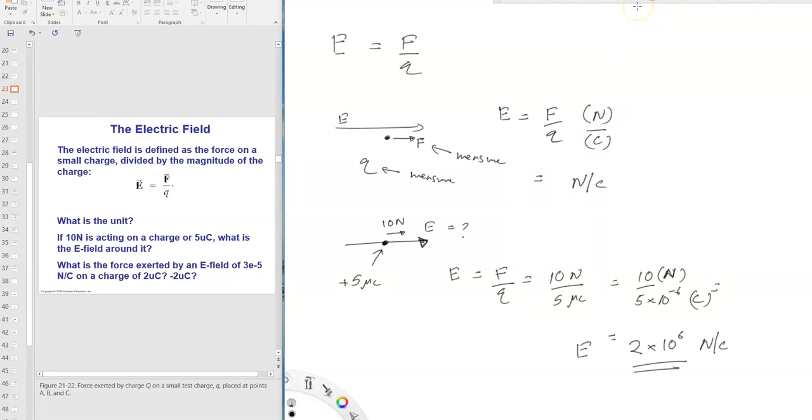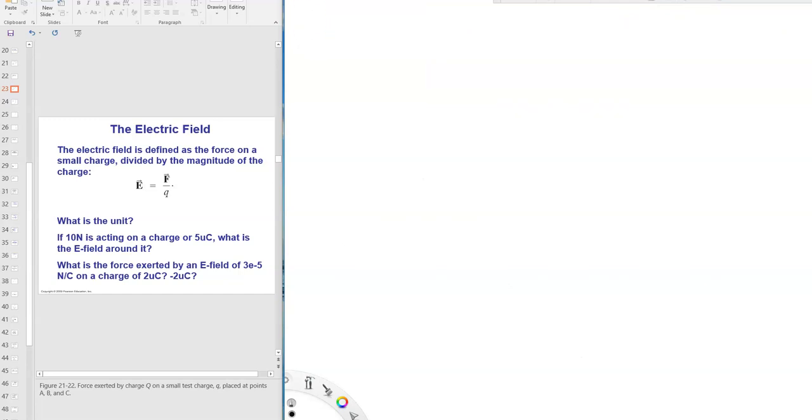Let's try another example. Let me erase this. This time it says we have a positive charge equals, let me make up some problem, 2 microcoulombs.